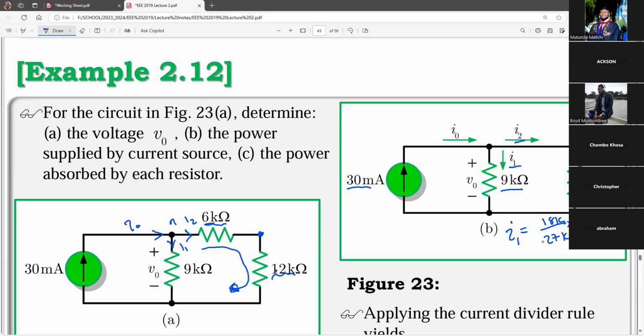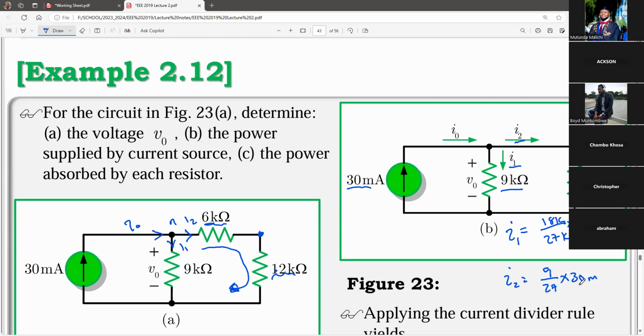If you are to determine I2, I2 should be equal to the total minus the resistance where it's flowing, so you have 9 over 27, multiplied by the 30 milliamp.